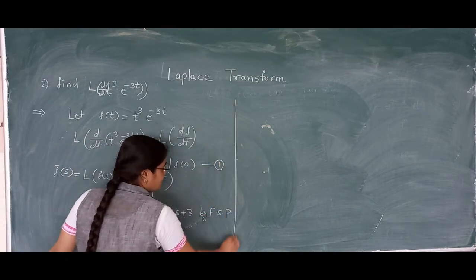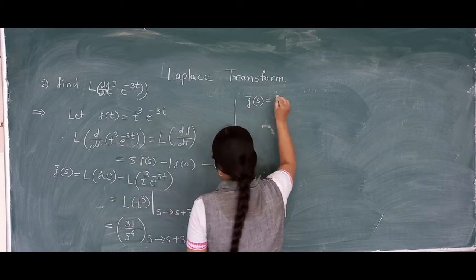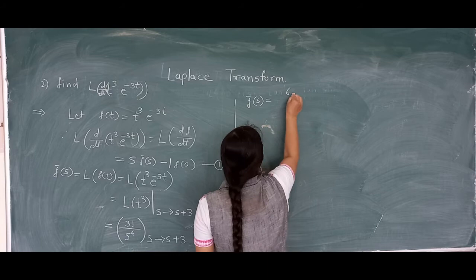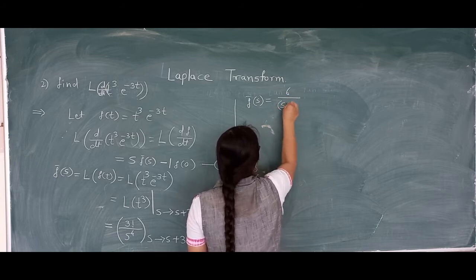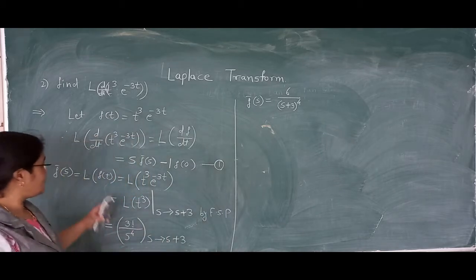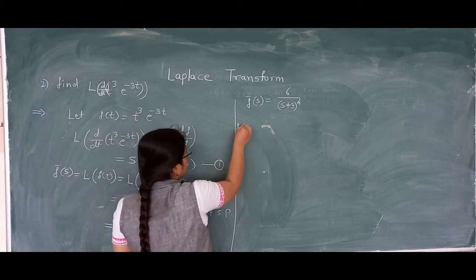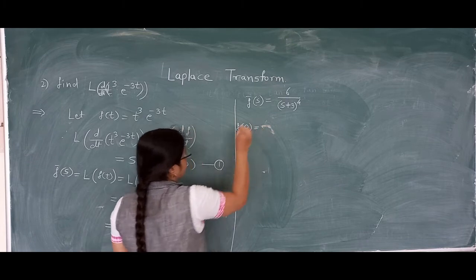Therefore, f bar of s equal to 6 upon s plus 3 raised to 4 is the answer for f bar of s. Now find out f of 0.